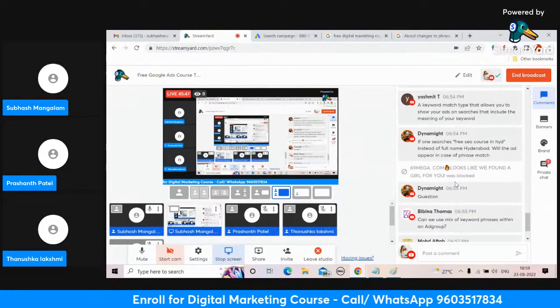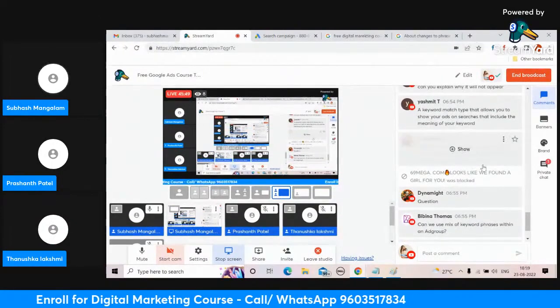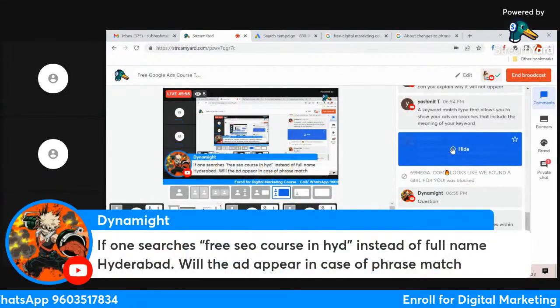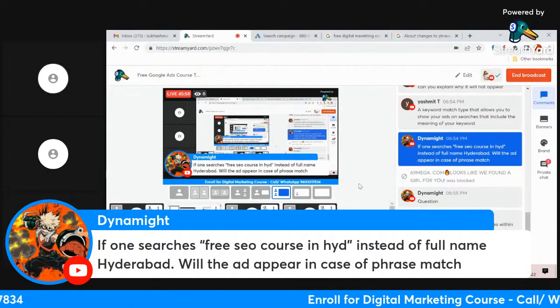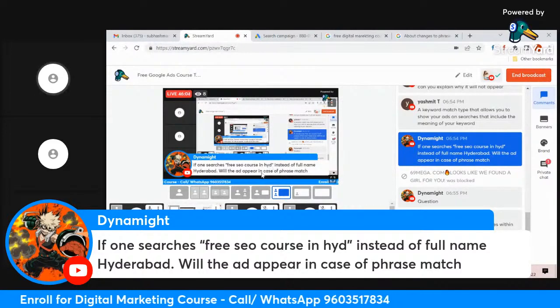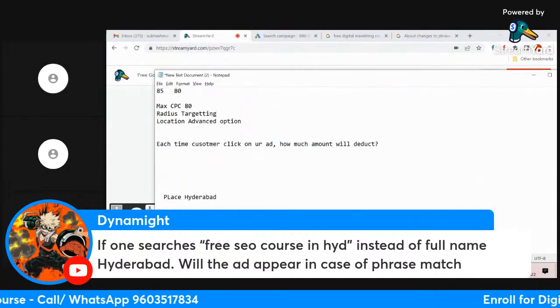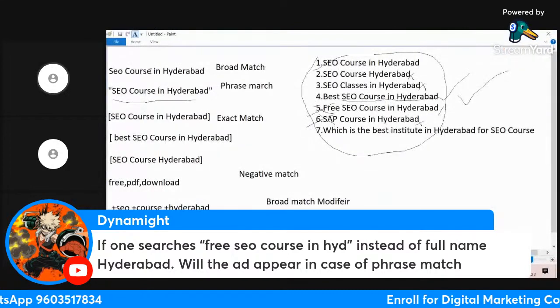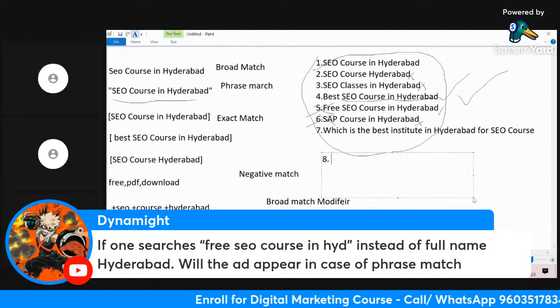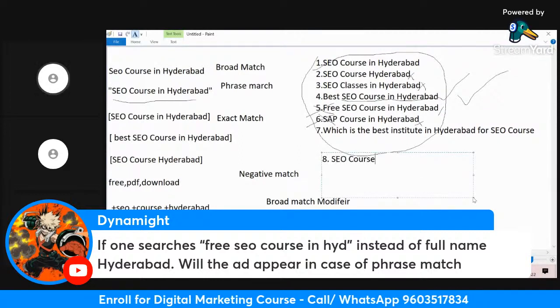Okay. If one searches free SEO course in Hyderabad, instead of the full name Hyderabad, will the ad appear in case of phrase match? Yeah. This is a good question actually. So just see this question, guys. If one searches free SEO course in HYD instead of the full name Hyderabad, will it appear? So let me add a few more things for you. You mentioned SEO course in Hyderabad, but one guy typed SEO courses in Hyderabad.